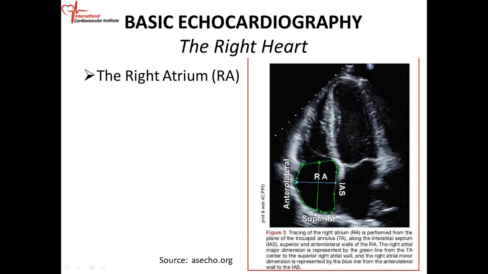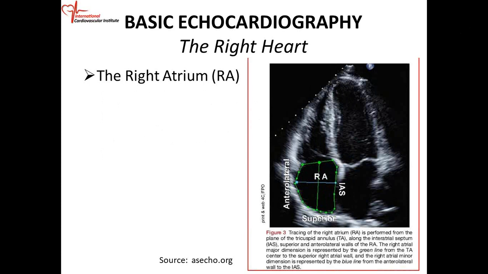This is what we call the major dimension. Then about midway you can drop another perpendicular to the major dimension line, and you get your so-called minor dimension.